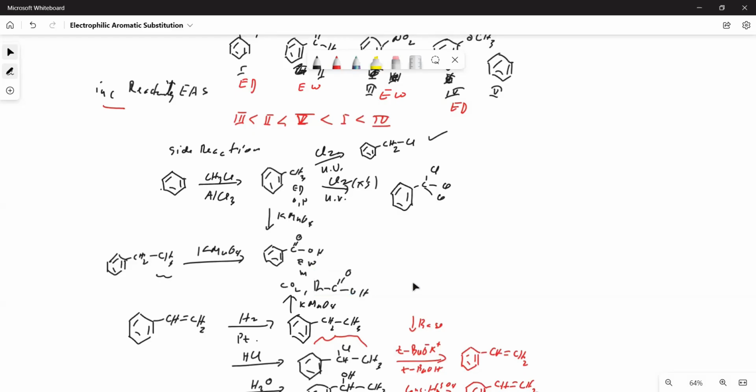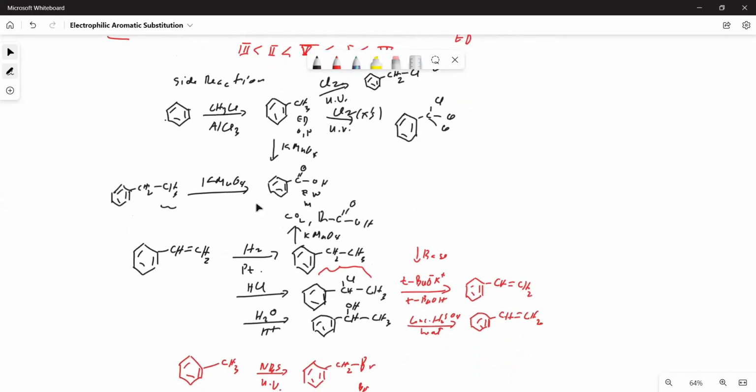Okay? Now, supposing your substituent is ethylene. You have a double bond there. There is an alkene. And you know what are the possible reactions of alkenes, right? We have discussed that thoroughly. It can undergo hydrogenation reaction. In the presence of platinum, for example, then you produce ethyl benzene.